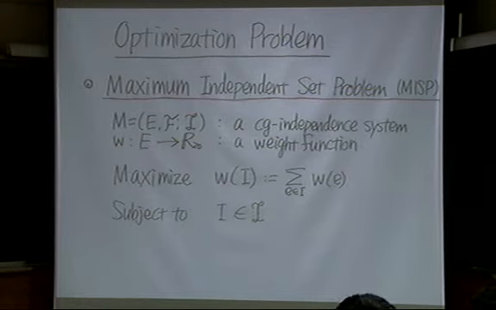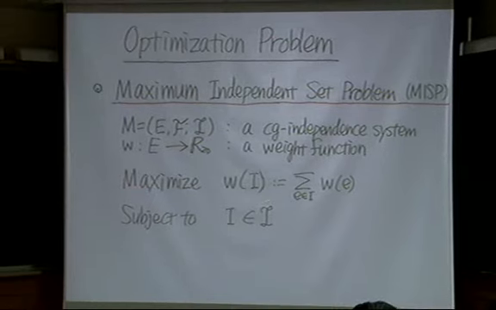This is also the maximum independent set problem. Similarly, this is a CG independence system, which is a more general version of this problem. A CG independence system means we just assume the first property. We do not assume the augmentation property for the script I. So just this property we assume for this script I, and we want to maximize.